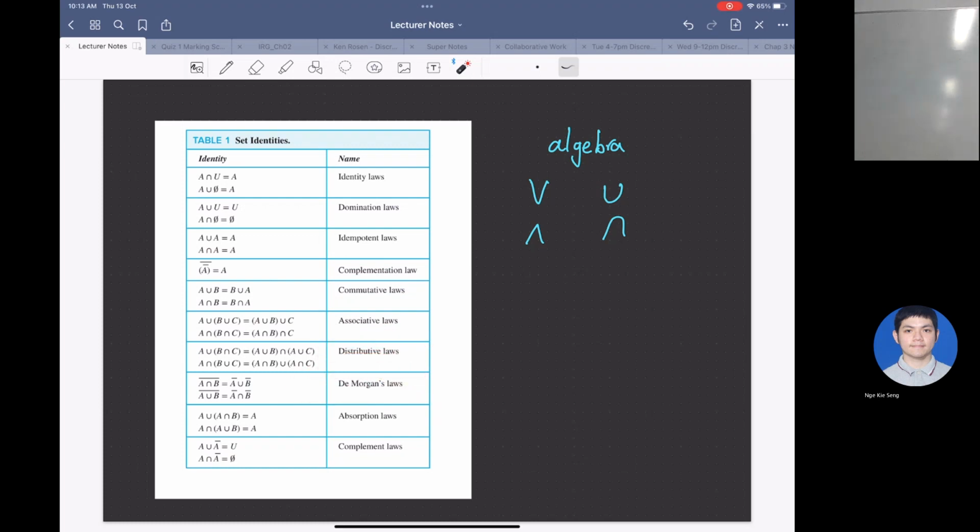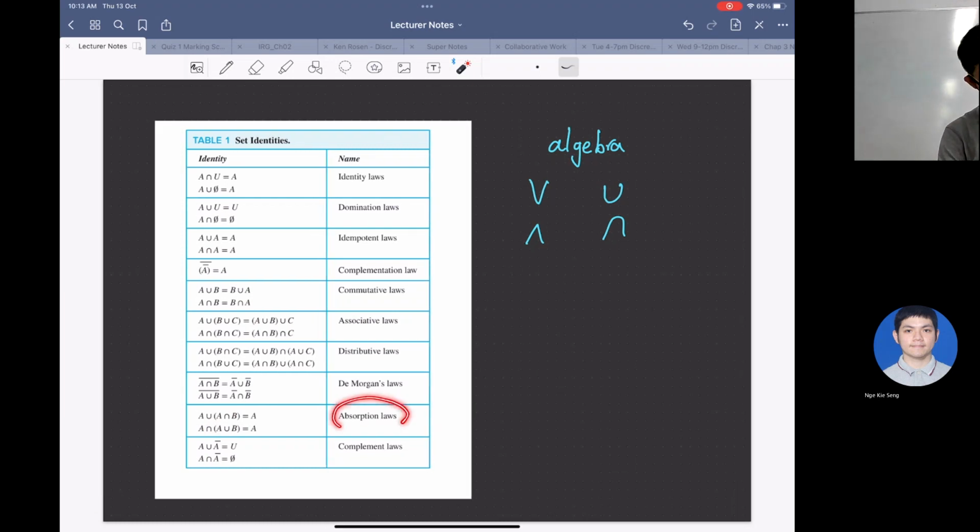Absorption law. I think the absorption law is more intuitive here if you think of it as a set. If you intersect an extra set with A, potentially you get a smaller set. But if you union with A, you still get back all of A. If you union with another B but then take the intersection with A, you go back to A again.